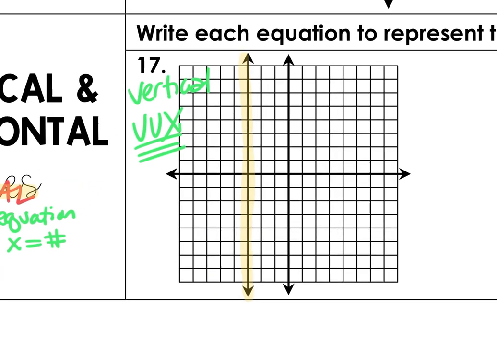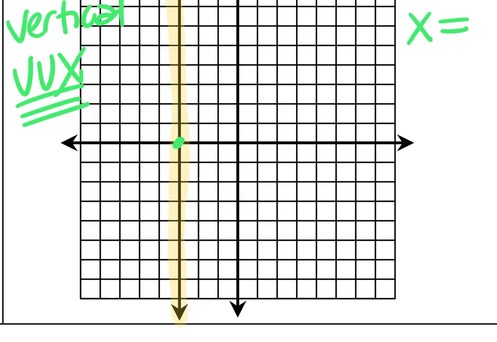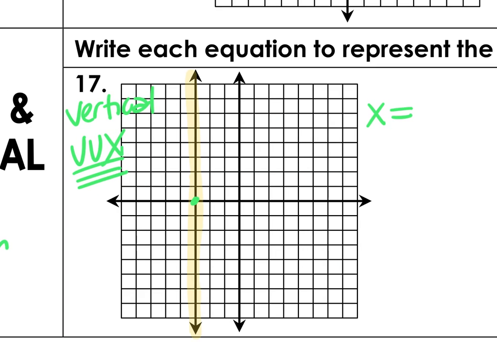The equation for this line is going to be x equals and, well, what number is this cutting through the x-axis at? What number? Is it 3 or is it negative 3? That's the equation. x equals negative 3. That's it. Okay? It's pretty easy if you remember that little acronym.